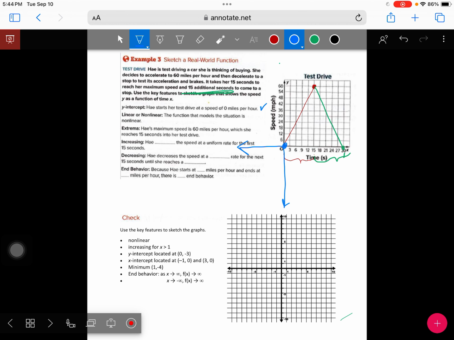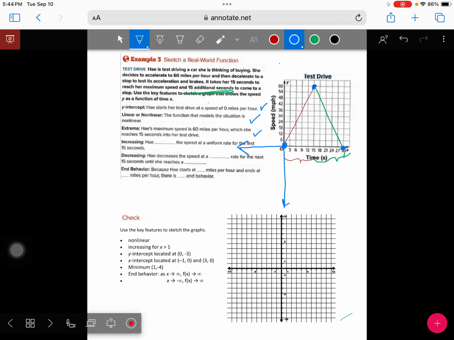Okay, I have that. Linear or nonlinear? The function that models the situation is nonlinear. So as I look at this whole function, that is definitely not a straight line. So that is nonlinear. Her maximum speed is 60 miles per hour, which she reaches 15 seconds into her test drive. So at 15 seconds, she reaches that maximum amount.